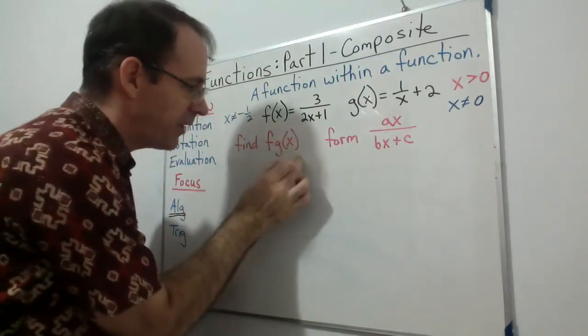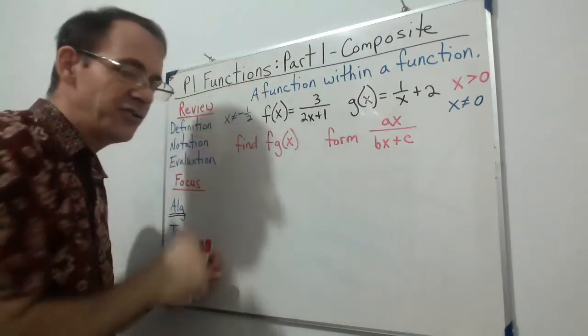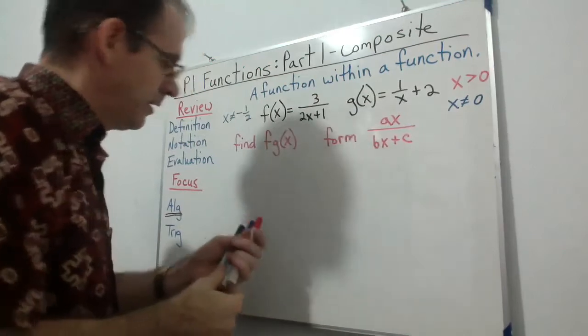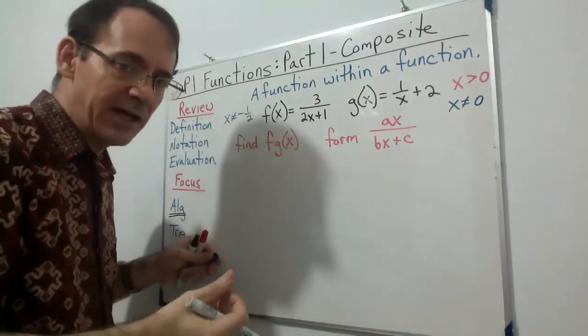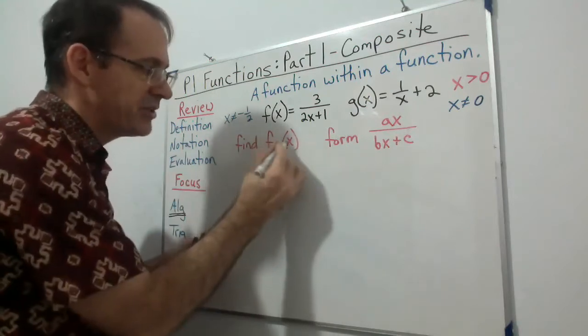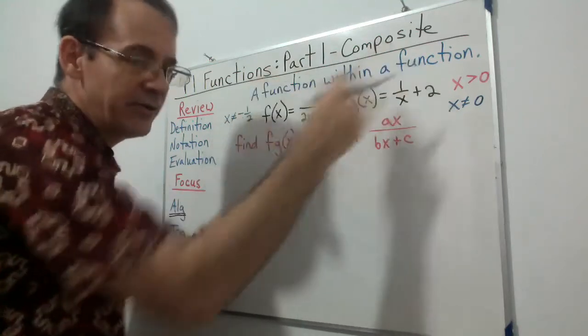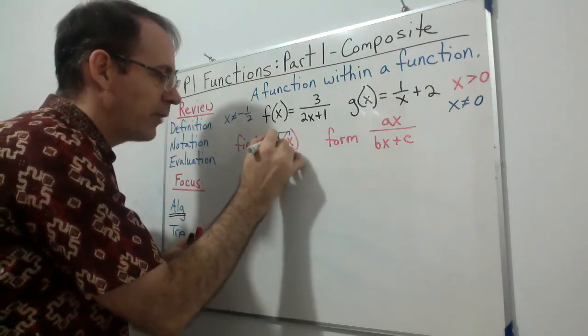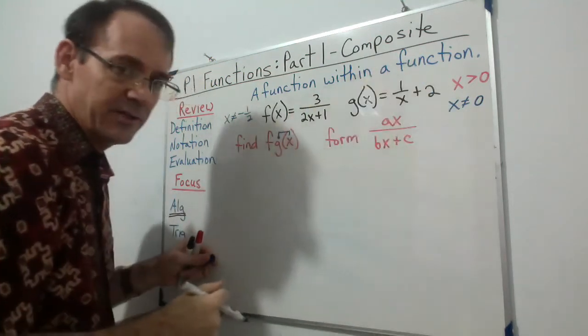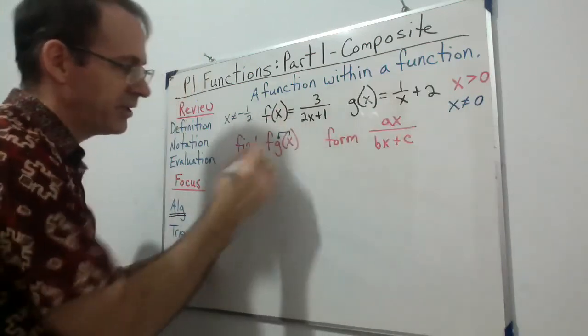So the g function is being put into the f function. Notice again, there's no numeric value that we're substituting in. We're just leaving it as x. So we don't need to change anything initially. So our x is already the understood or the variable that's expressed in our g function.